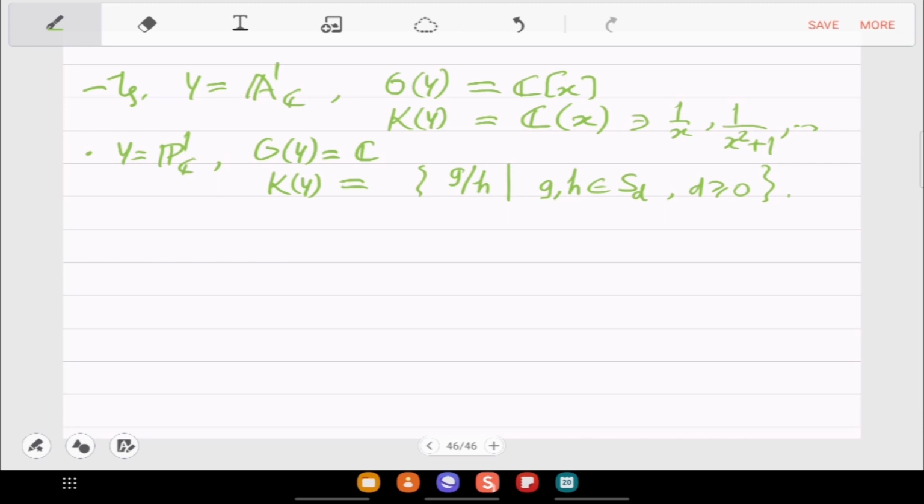So these are basically the rational functions where g and h both are bivariates. For example, x0 by x1 is there, and x0 square over x0 square plus x1 square is there, and so on. These are bivariates of equal degree, you can take that fraction.